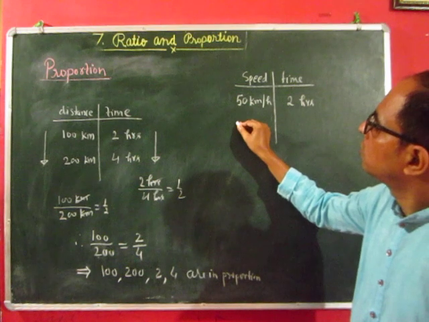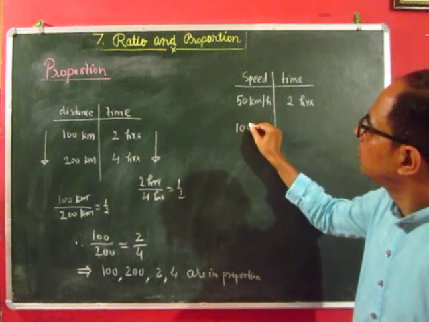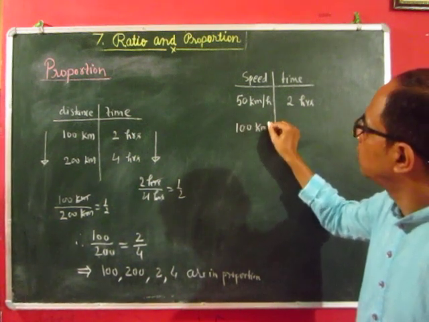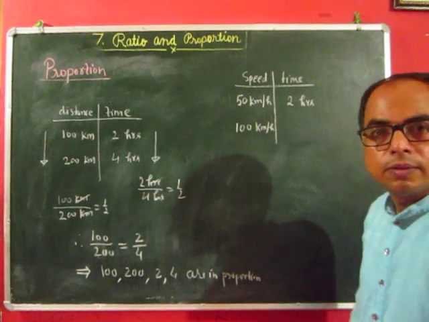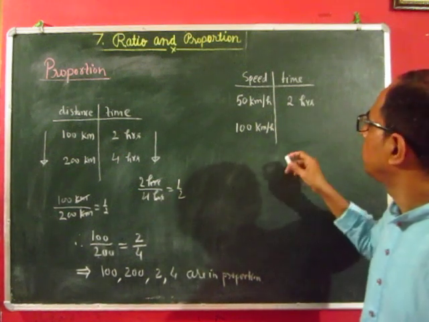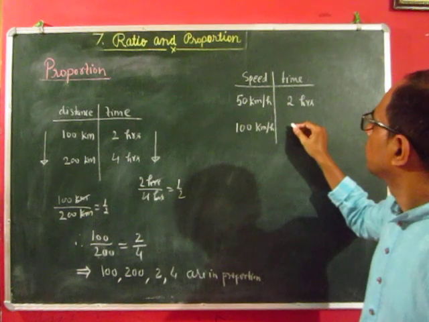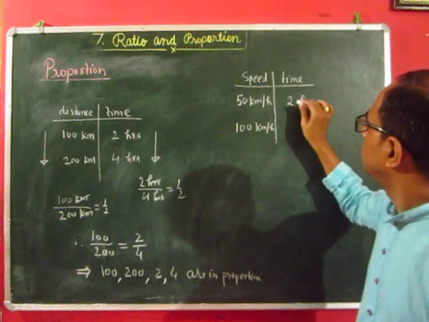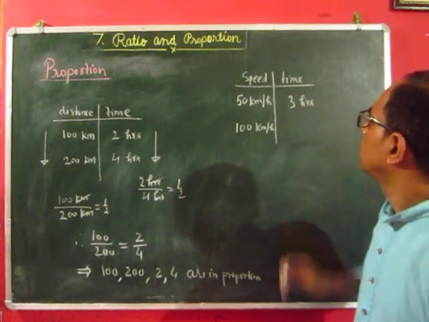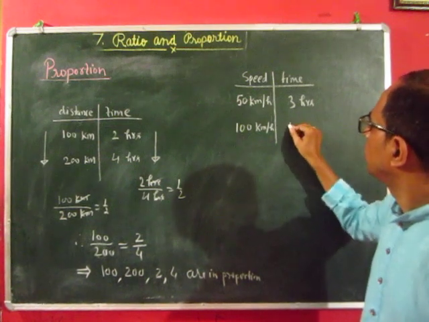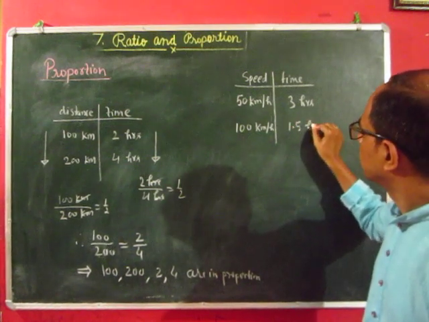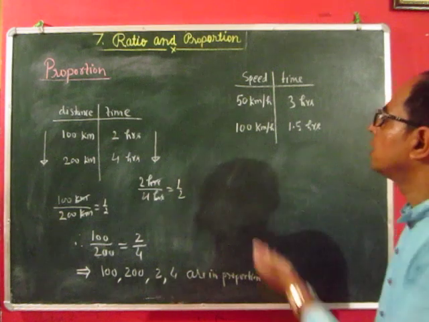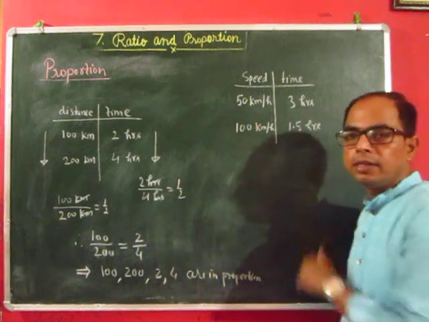Now suppose the train increases its speed to 100 km per hour, and this time the time taken is 1.5 hours. Of course it will take less time. If the speed increases, time decreases.